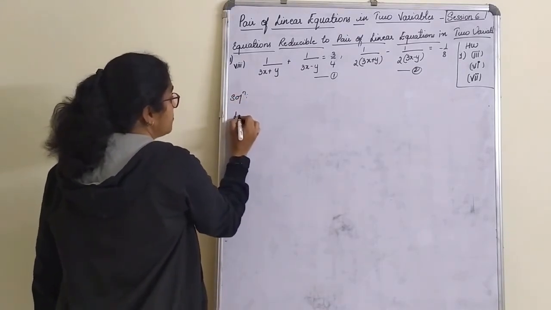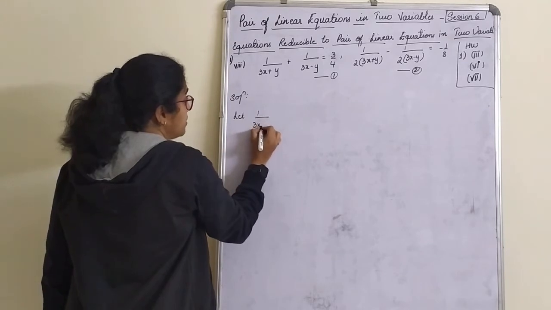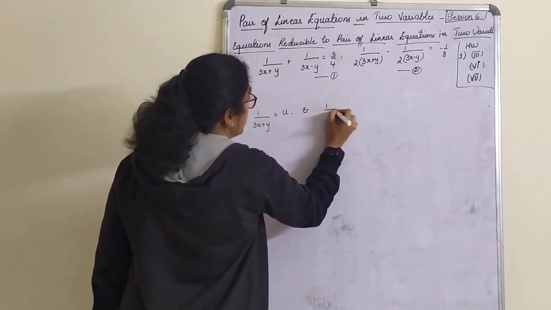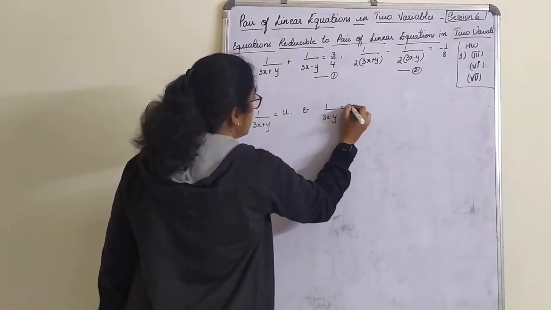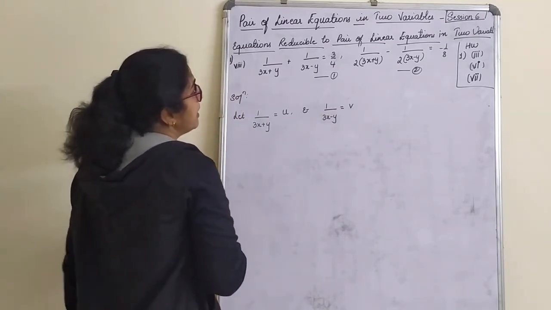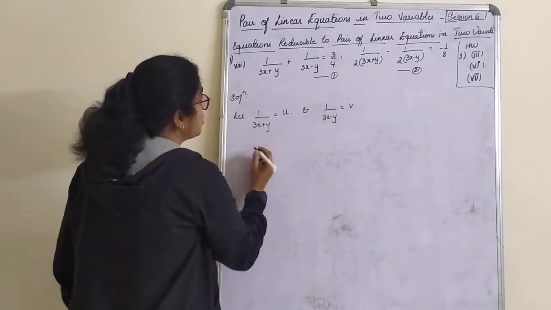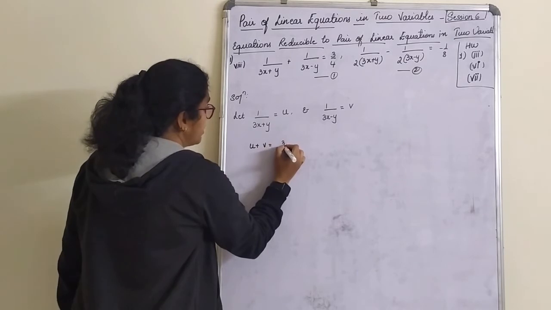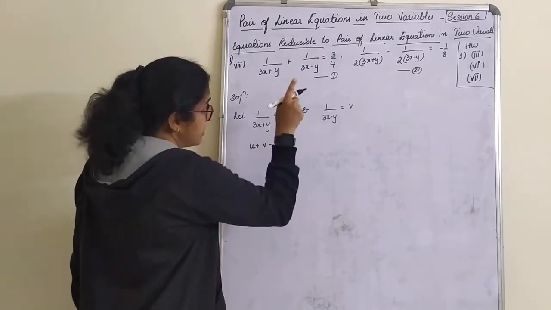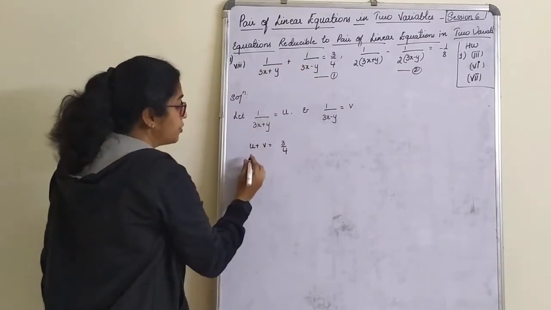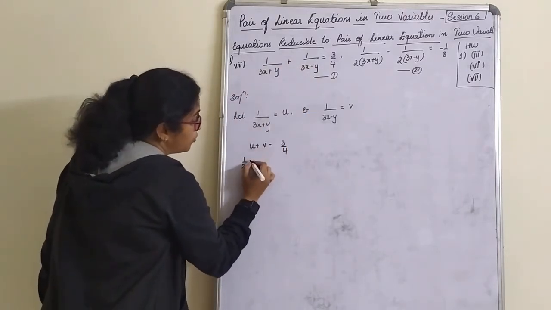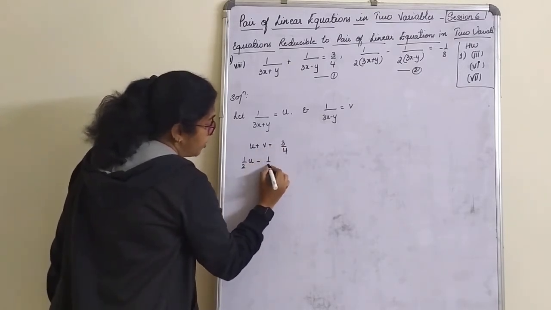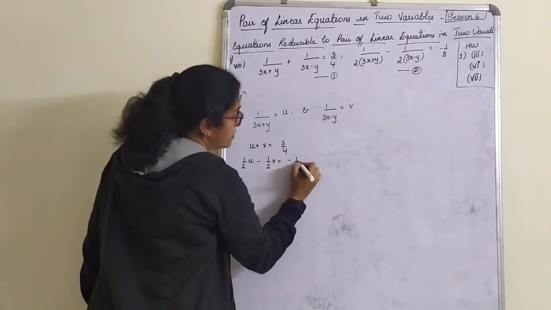Solution. Let 1 upon 3x plus y be equal to u and 1 upon 3x minus y be equal to v. So directly, the first equation will be u plus v is equal to 3 by 4, and next, it is not directly u minus v, 1 upon 2 is there. 1 upon 2u minus 1 upon 2v is equal to minus 1 by 8.